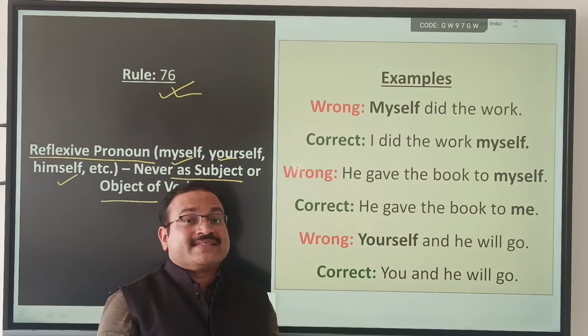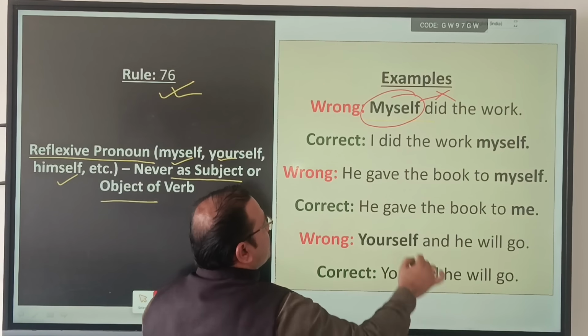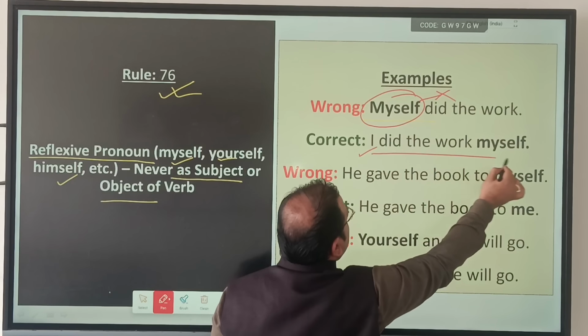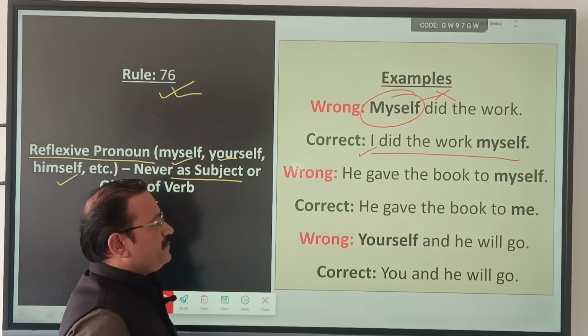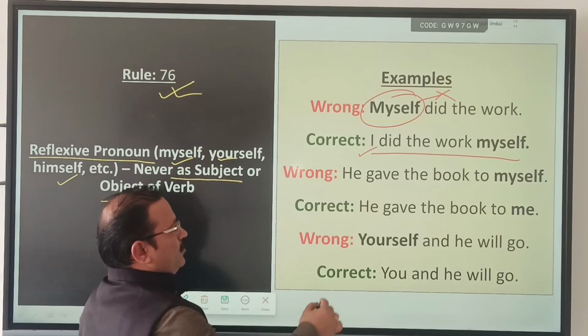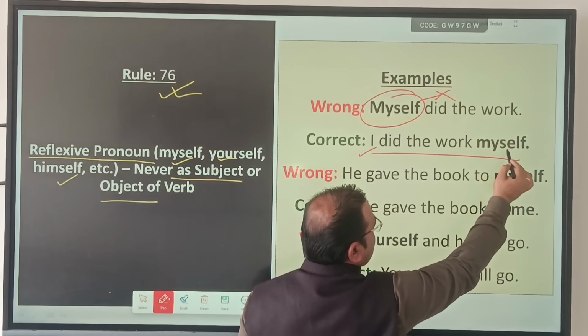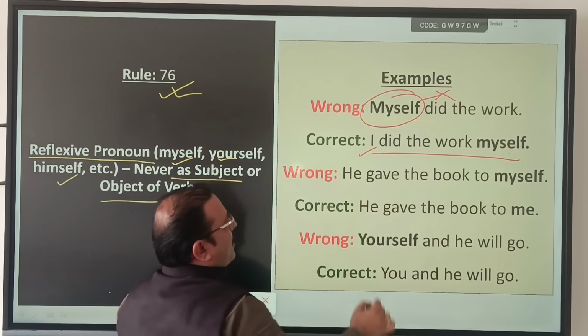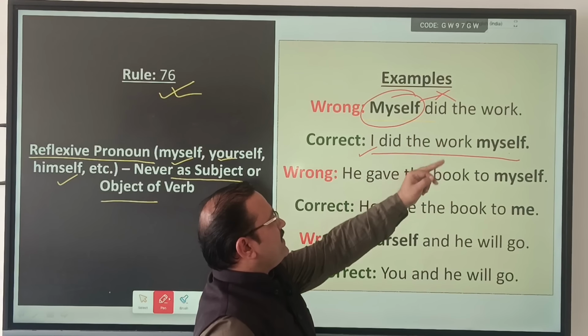What is the position here? Subject's position, subject's place. So myself at subject place is wrong, it cannot be used as subject. I did the work myself. Don't get confused. Myself is not the object here. So, I did the work myself.